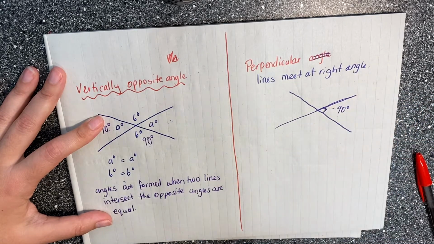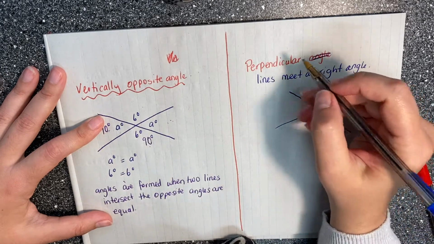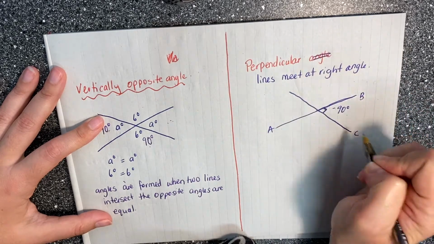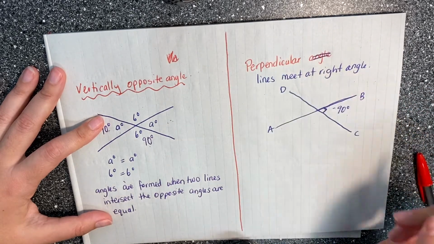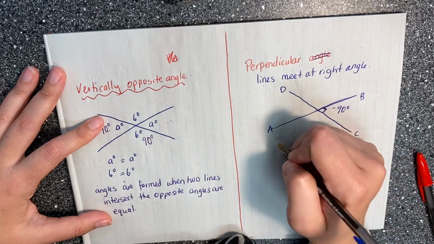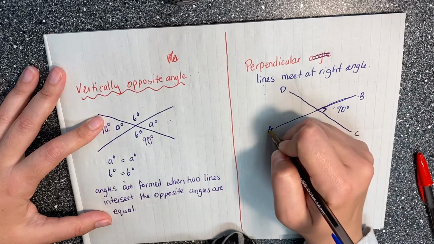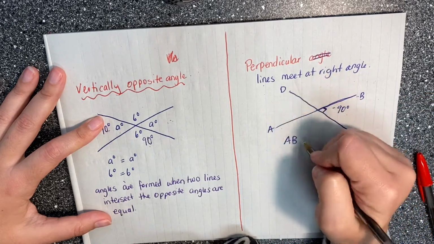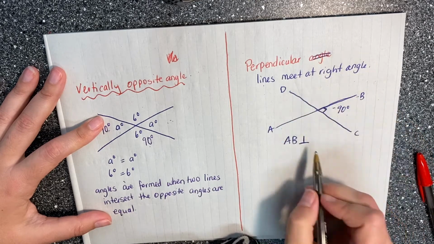Let's label this first, A, B, C, and D. The perpendicular lines, so lines that meet at right angles, would be A and B. A and B is perpendicular to D and C, and we use this symbol.